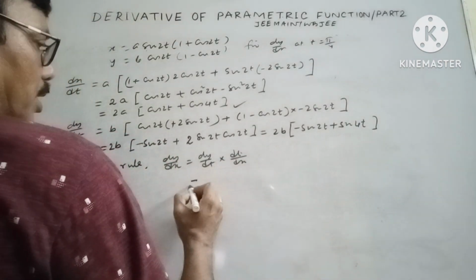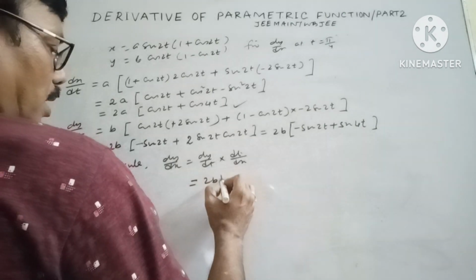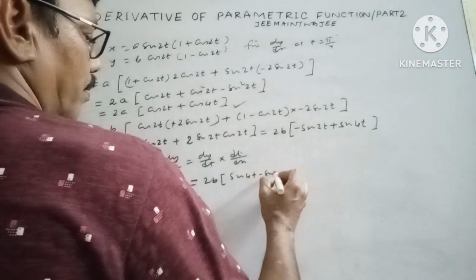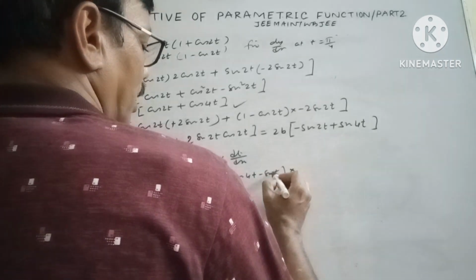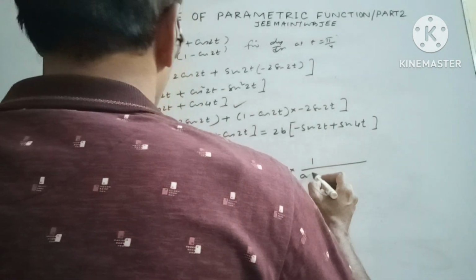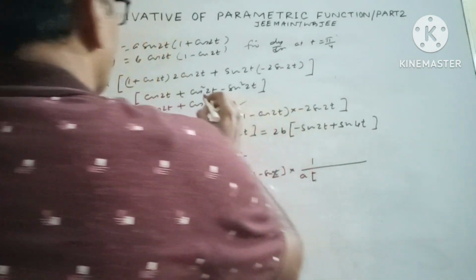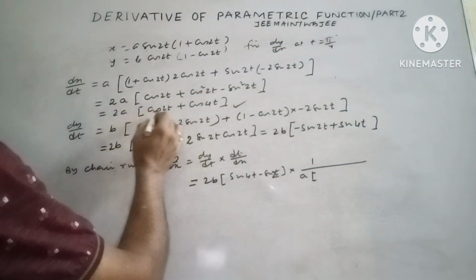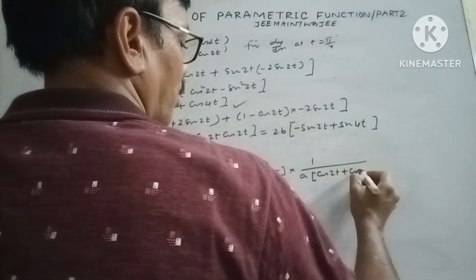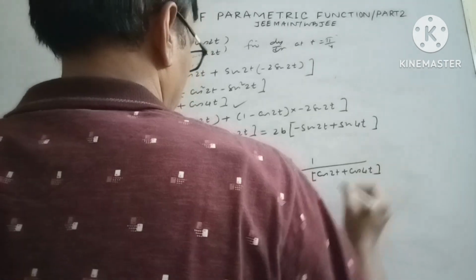What is dy by dx? 2b into sin 4t minus sin 2t, into 1 by a, this one, cos 2t plus cos 4t.